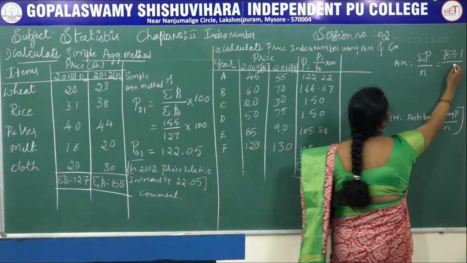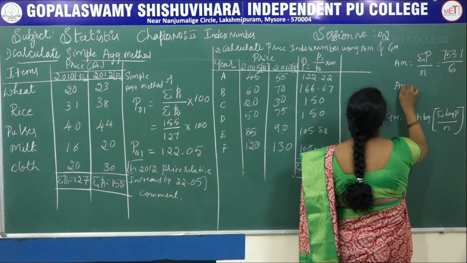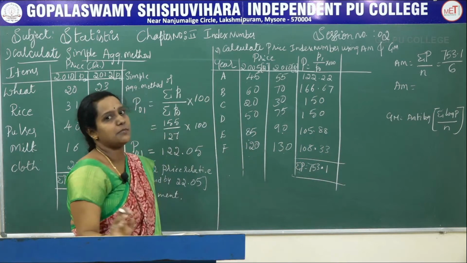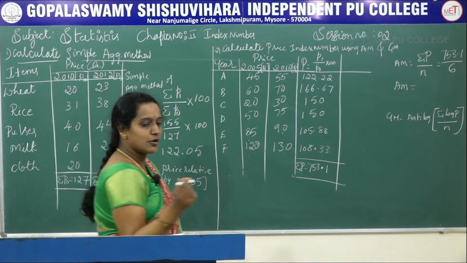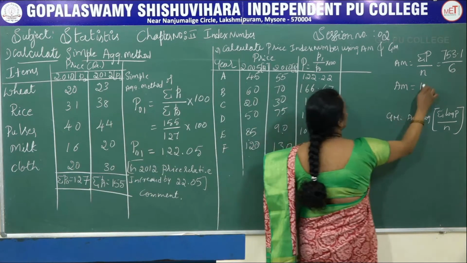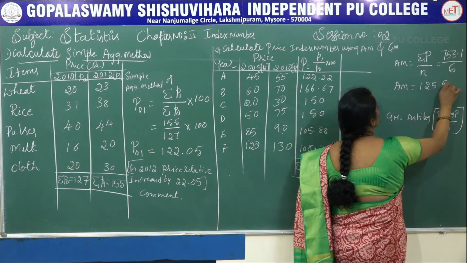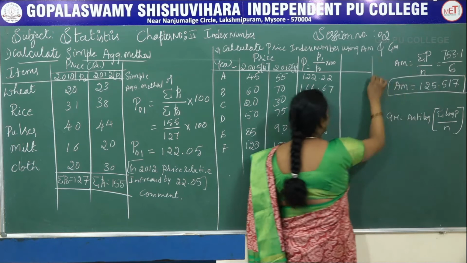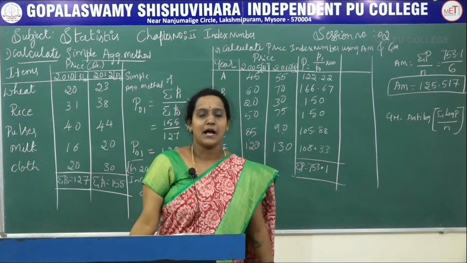So our N is 6. So the AM value is equal to 753.1 divided by 6, so that you will get 125.517. This is the AM value of the given data.